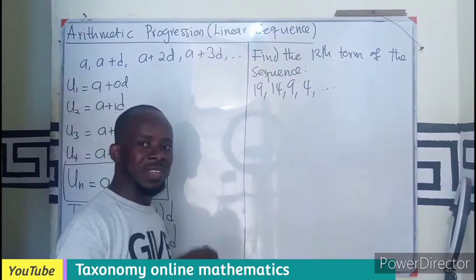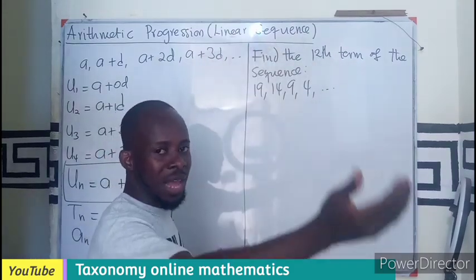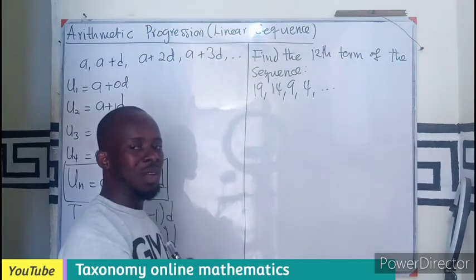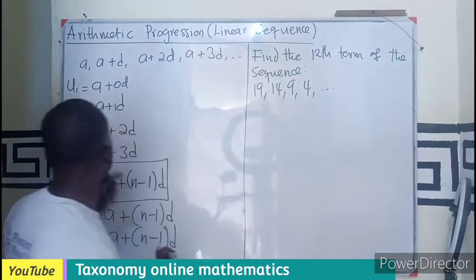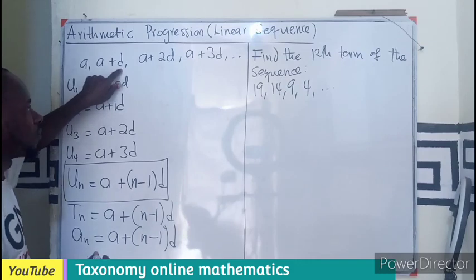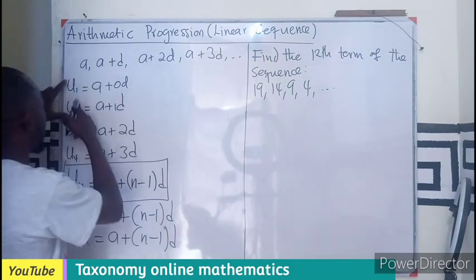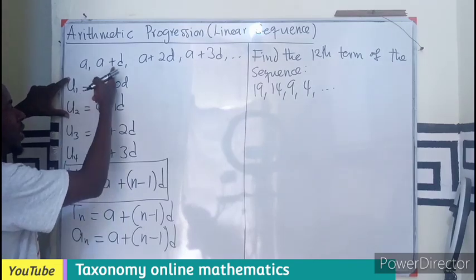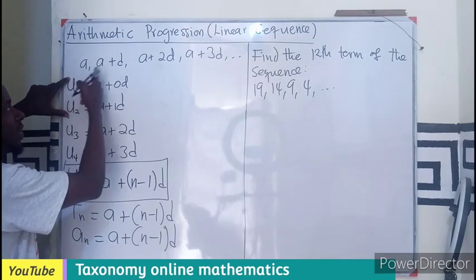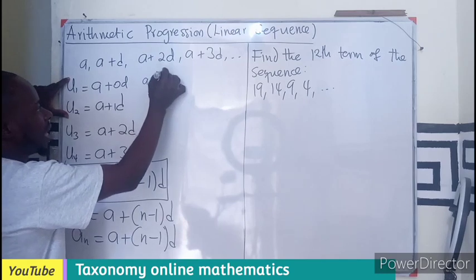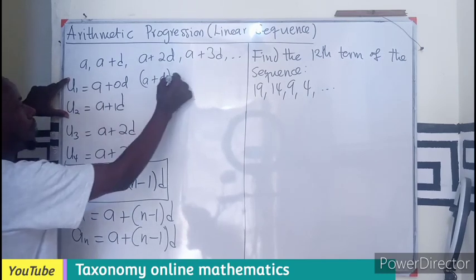But it is always the next term minus the previous term. If I want to find the common difference, for the first term and second term, it is this minus this. As in, A plus D, the second term, minus the first term.